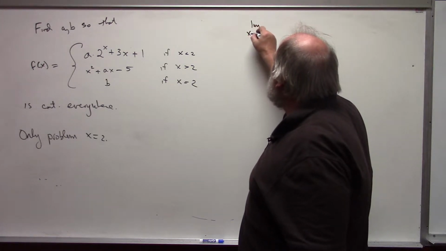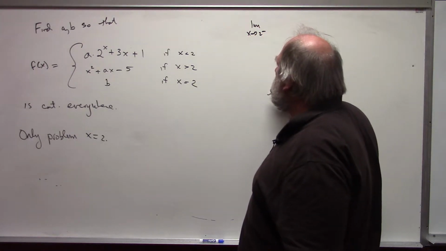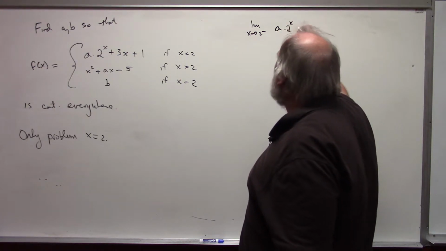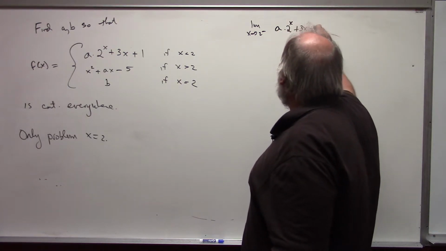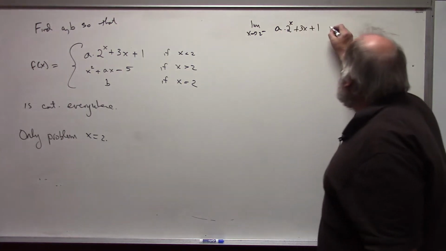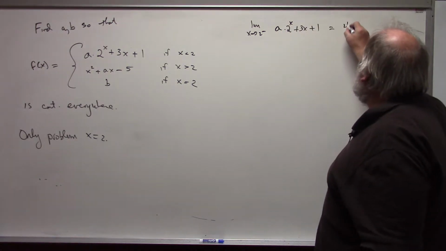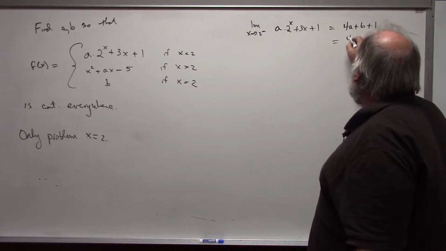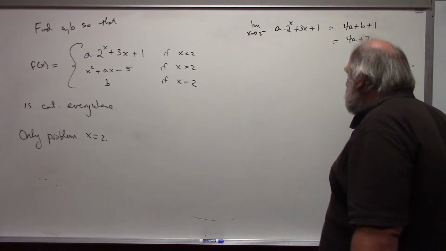So, the limit as x approaches 2 from the left of a times 2 to the x plus 3x plus 1 is equal to 4a plus 6 plus 1, or 4a plus 7.